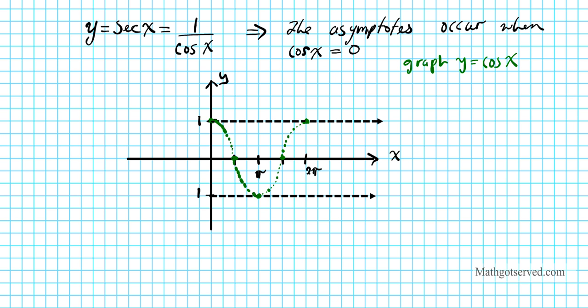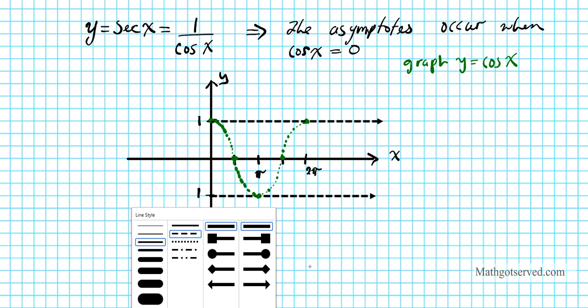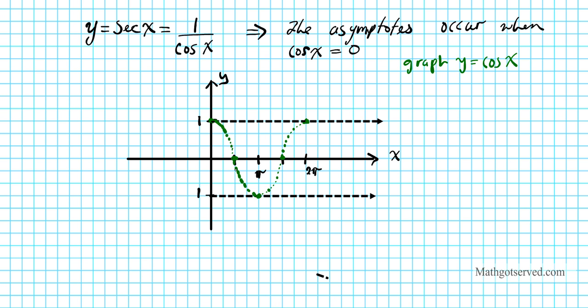So let's go ahead and graph the asymptotes. Okay? There's a broken line here. So the asymptotes are wherever cosine is 0, so it happens right here. So you have one asymptote there, and then you have another asymptote right here. Okay, so there goes your asymptotes.